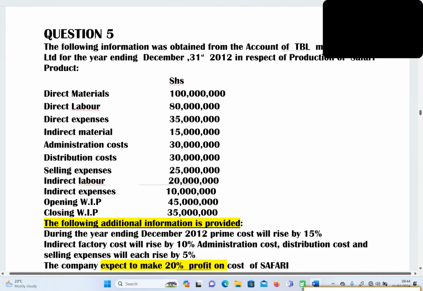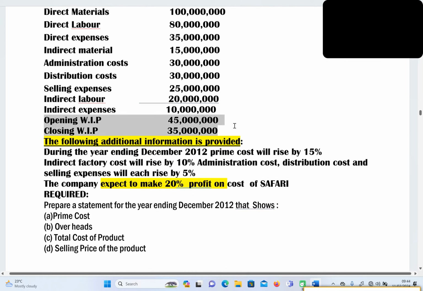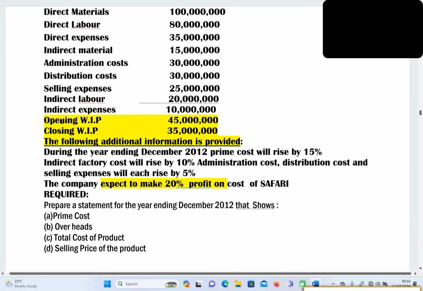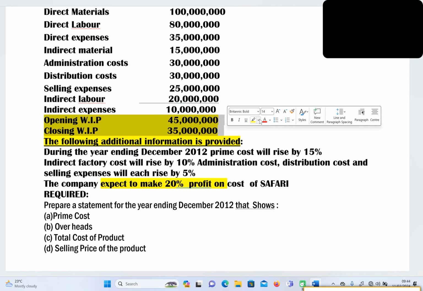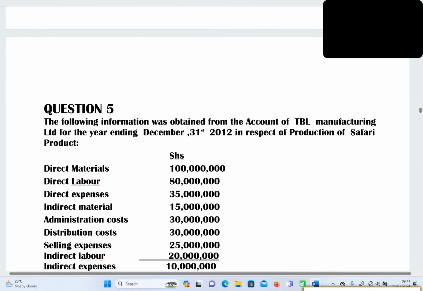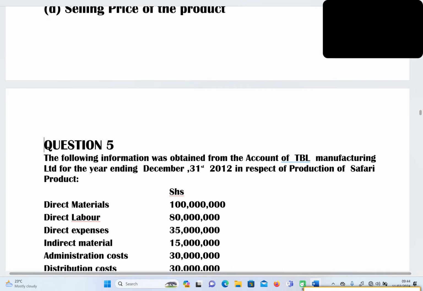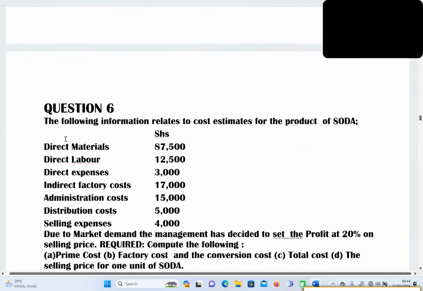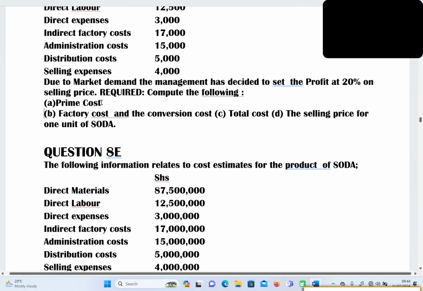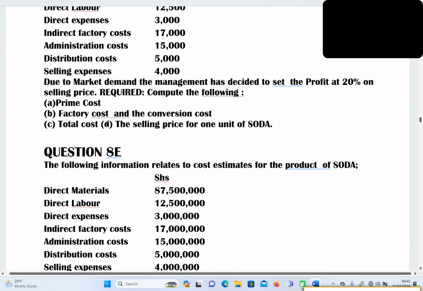Ya uhasibu. Hapa ameweka WIP. Pale mwanzo WIP haikuwepo. Hapa ipo, manake opening minus closing unaipata hapa. Sababu ipo. Anakuprintia hii document. Nakuprintia ufanye. Kwa hiyo sio na wasiwasi. Unaenda kuja nayo kesho.